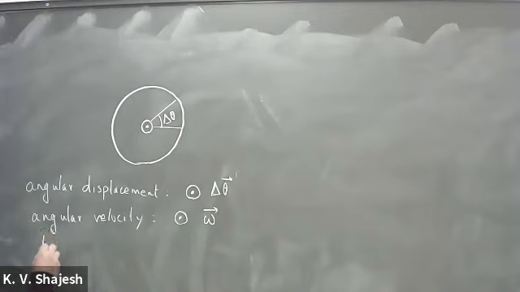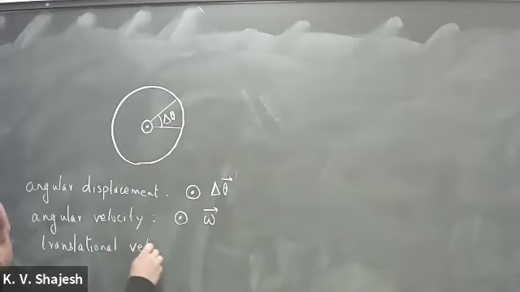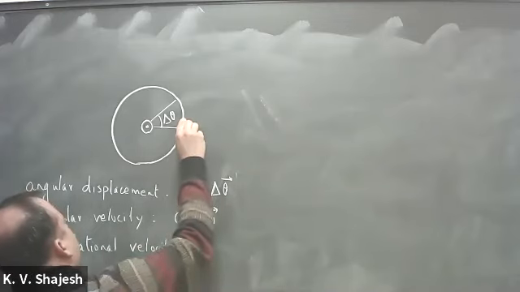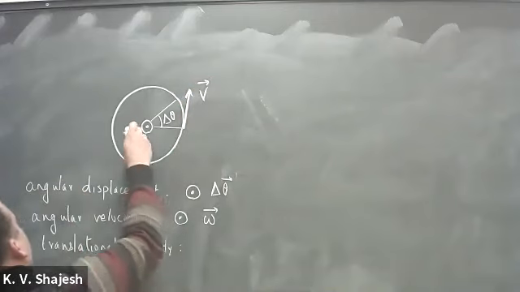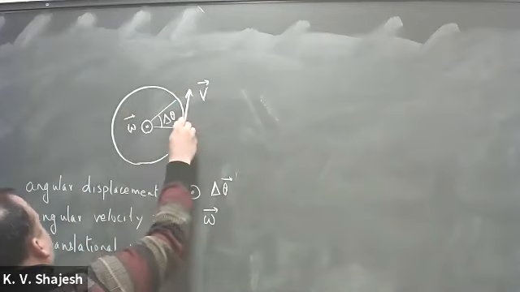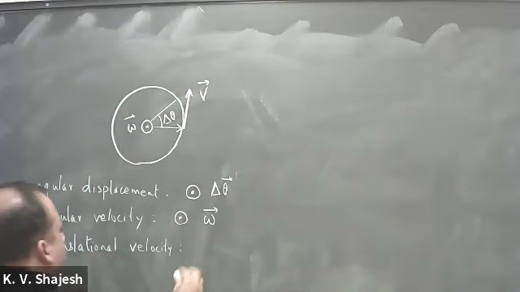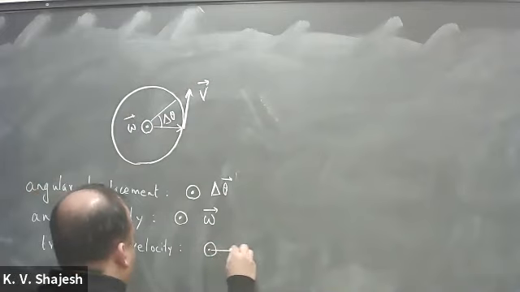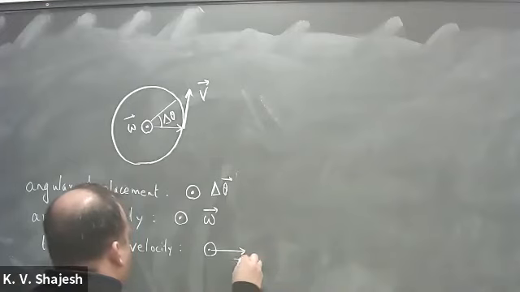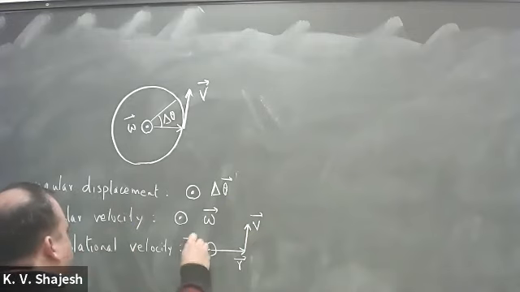Then linear or translational velocity: if it's going in a circular orbit, that's tangential, so that's your velocity v. If we have omega coming out of the board, and that's your radius r, then that's your velocity v.